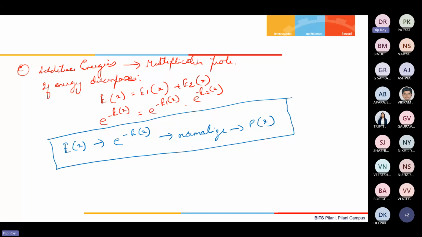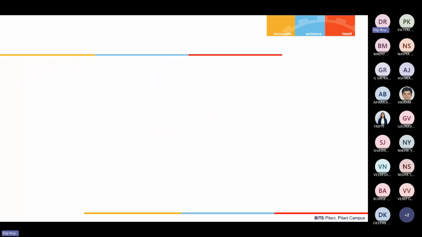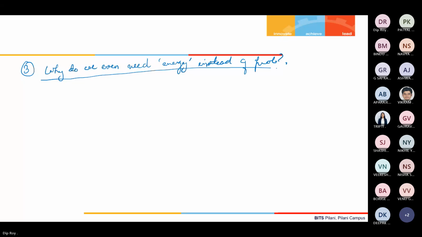Okay. Now, the key thing to note here is that this is point number 2. Point number 3 is the question that we need to ask: why do we even need energy instead of probability? Key question. What are the two things that energy and probability answer?